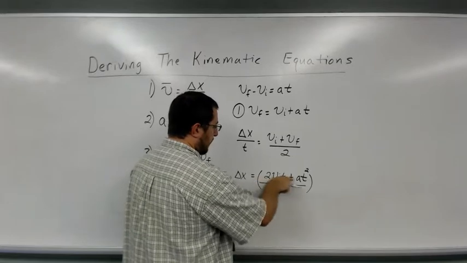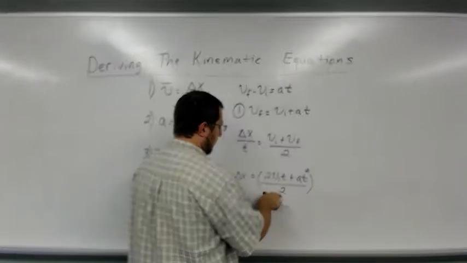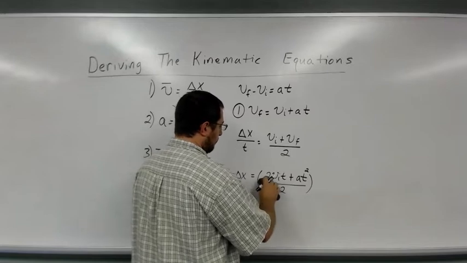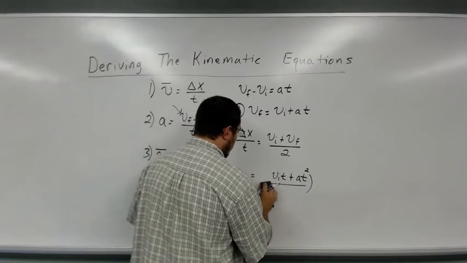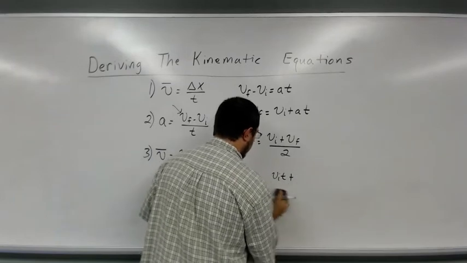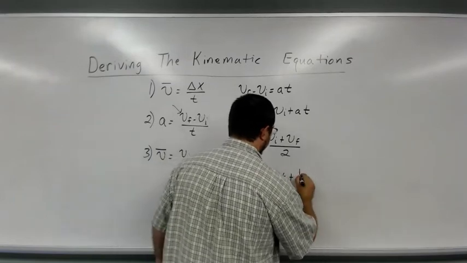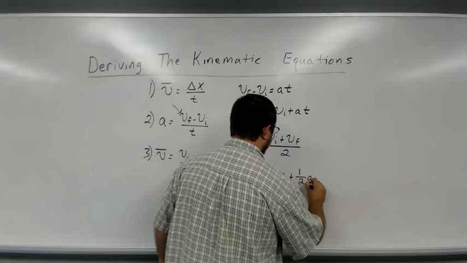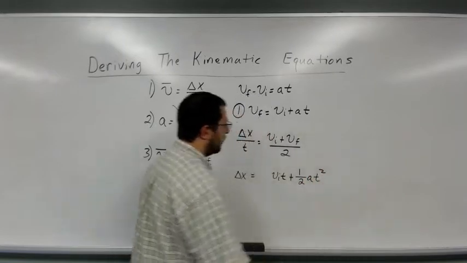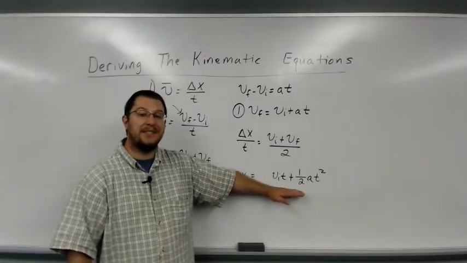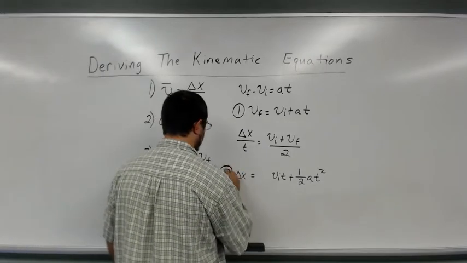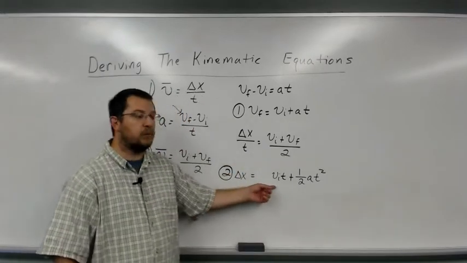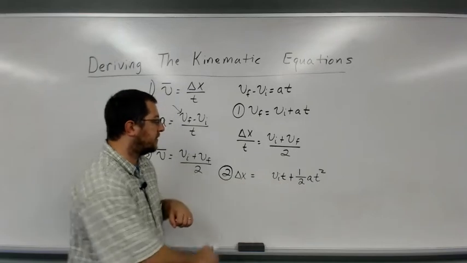Each of these individual terms in the numerator is going to get divided by 2, but since I have a 2 here, that gets rid of that. Then I also have to divide the AT squared by 2, so I put a 1/2 there. And so this is the second of the kinematic equations: delta x equals VIT plus 1/2 AT squared.